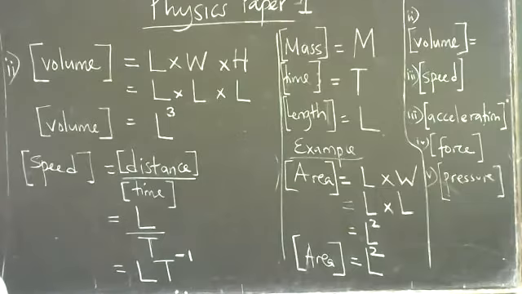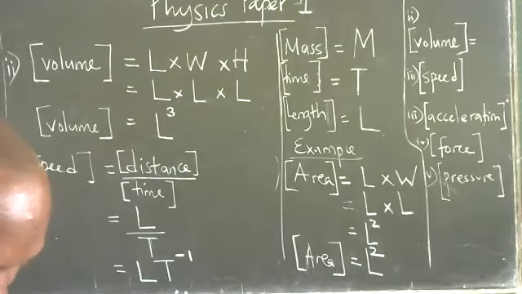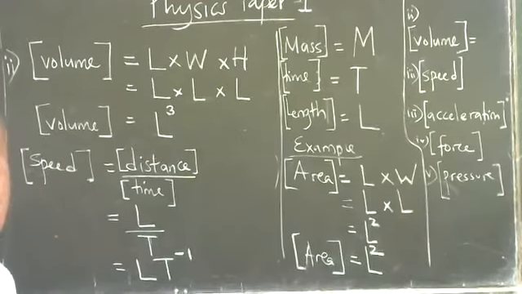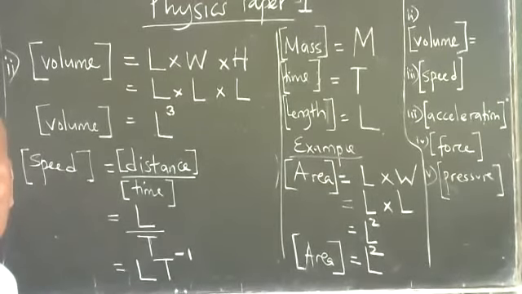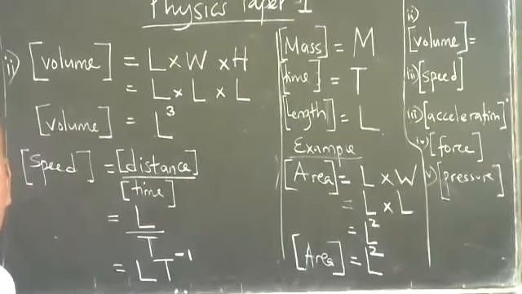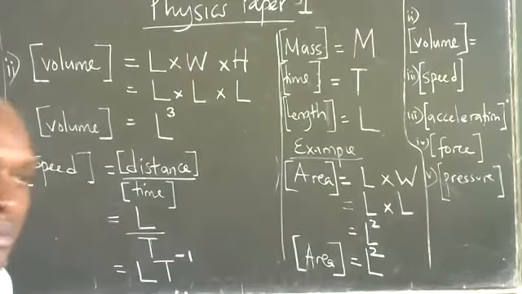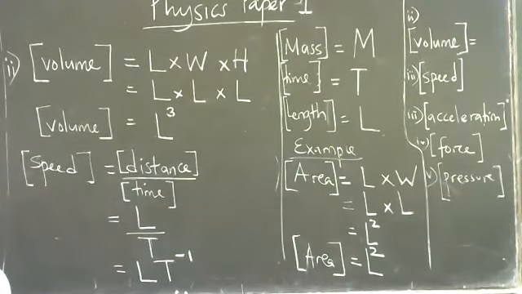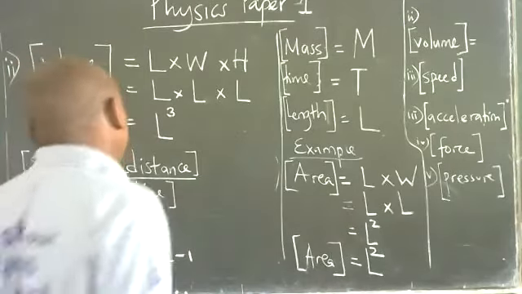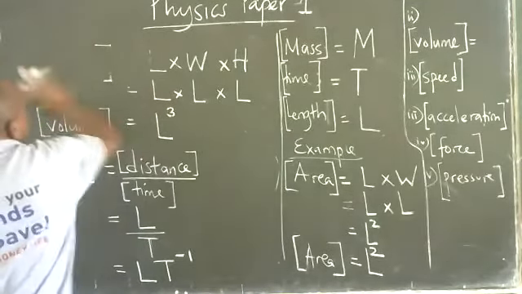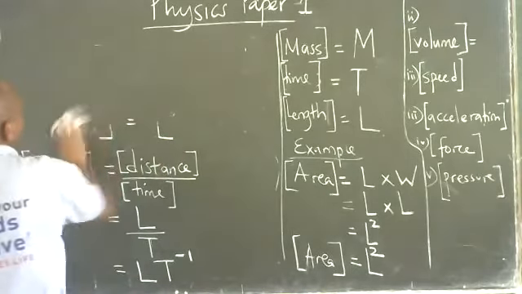LT power negative 2. Rebecca, which one do you have for acceleration? Kristen, I have LT to the power negative 2. Okay. I think most people have that. You can work it out together here and see.